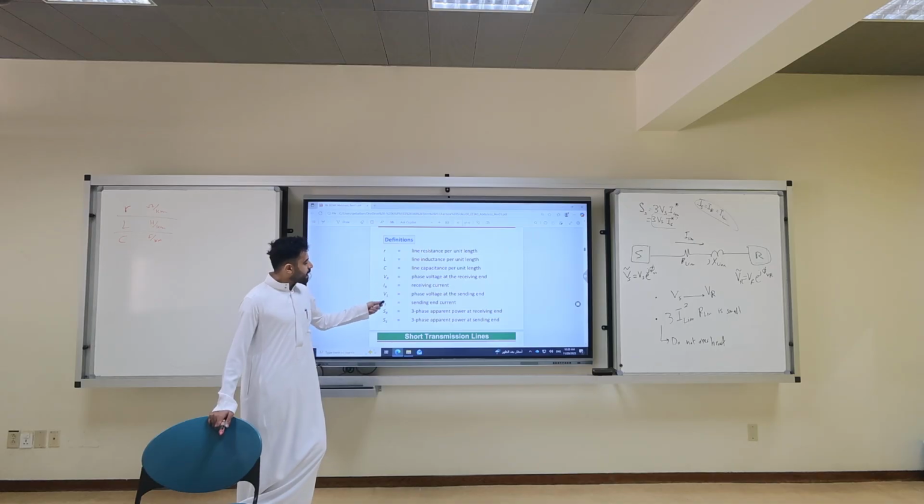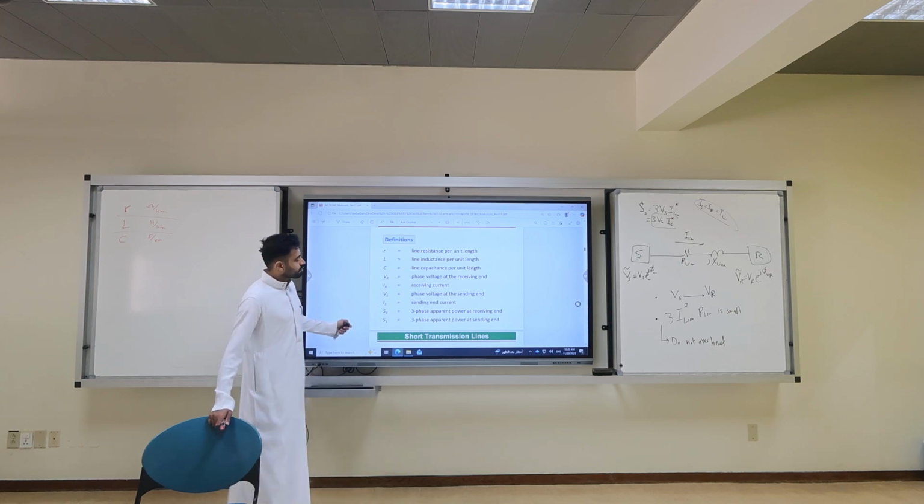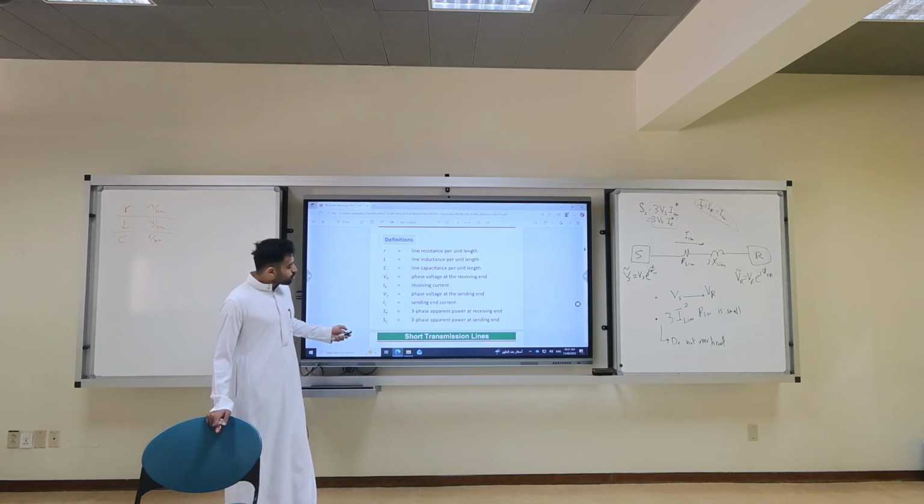IR and IS are line currents, which are equivalent to phase currents if we connect it to Y. The last quantities are the complex power, or the apparent power if you take the magnitude value, at the receiving end and the sending end. Okay? The ugly truth is they are not equal.